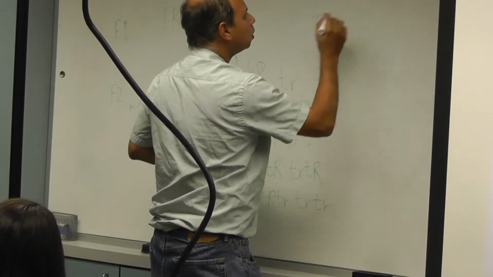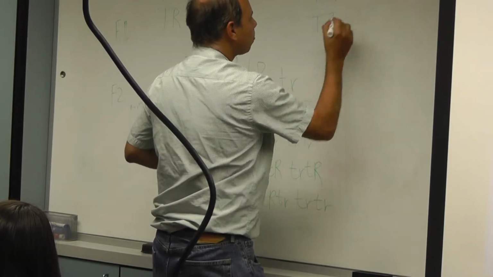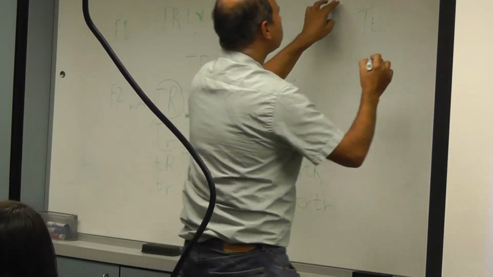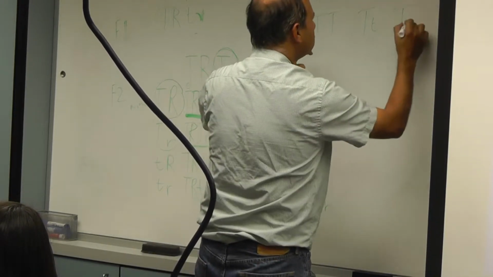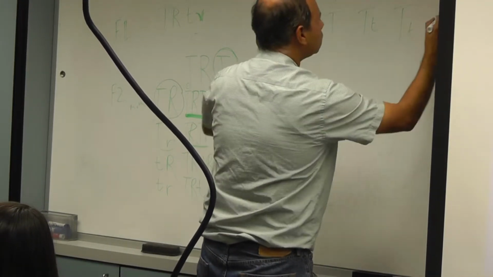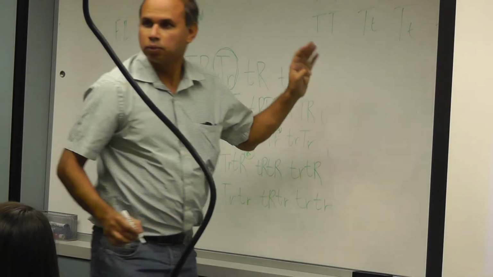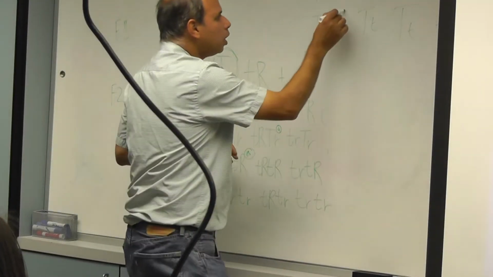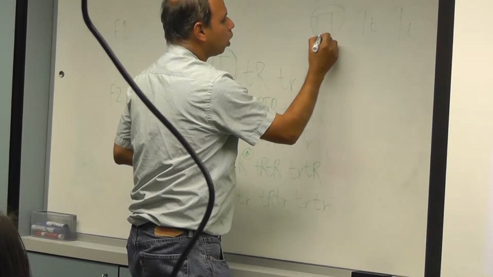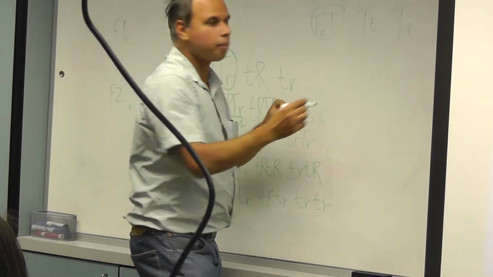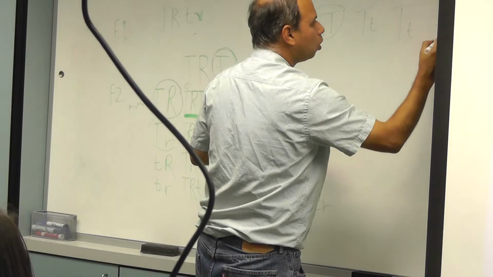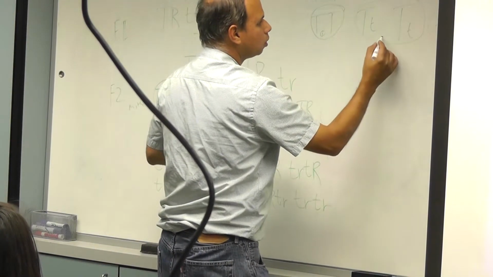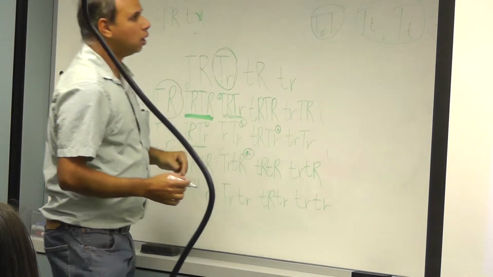You get a TT, you get a TT, and then you get a TT, and then you get a TT. Suppose the R wasn't there. Now, how many of this do you have? You have one of this, and you have one of this. And then, how many do you have here? You have 2 of this.